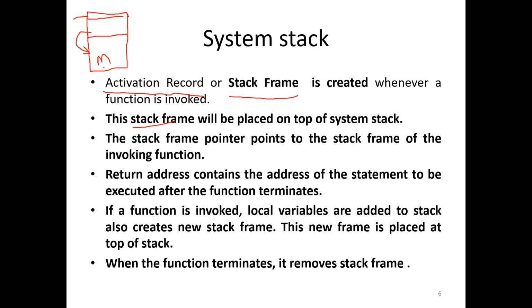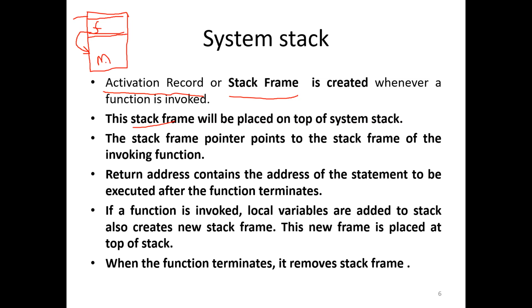The local variables of the function, the parameters, all this information is put here. When main calls another function f, a frame is created. This is the activation record for the function. The last part is the stack frame pointer, which points to the invoking function.